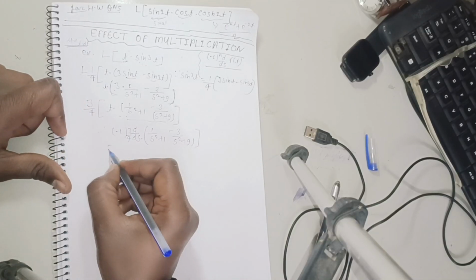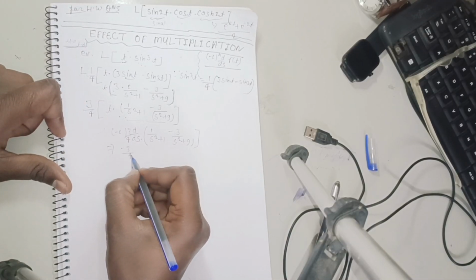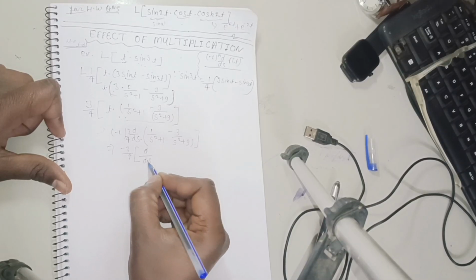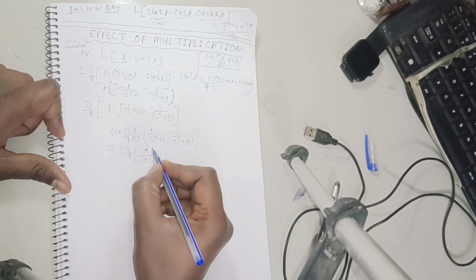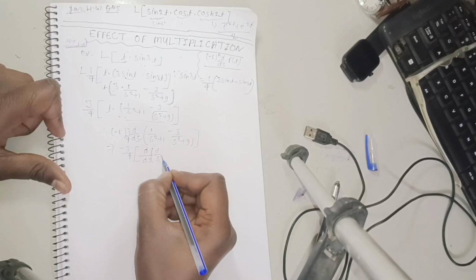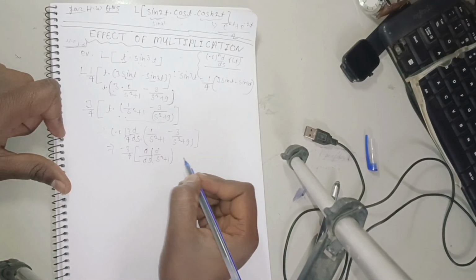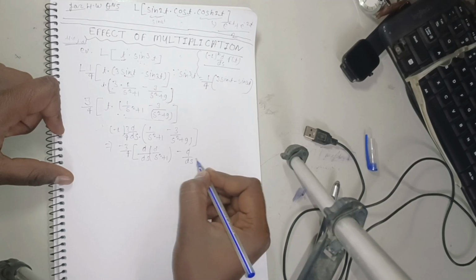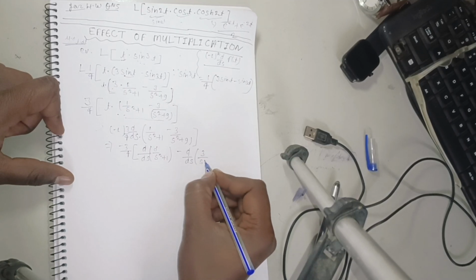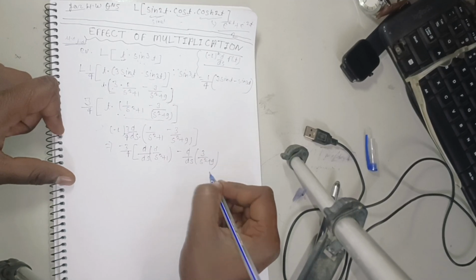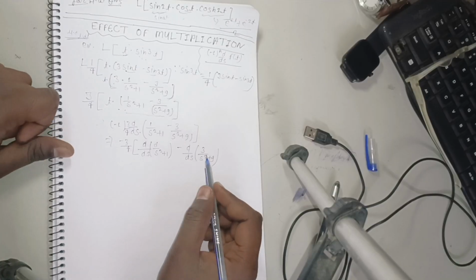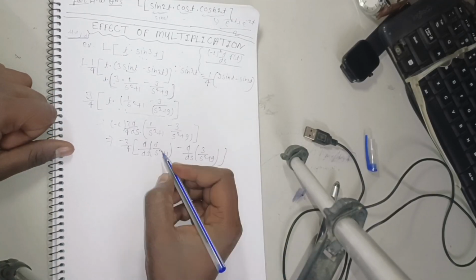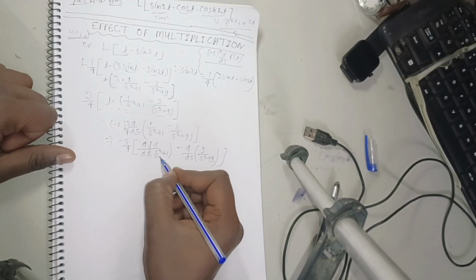So simply now we have to solve this only. -3/4 d upon ds of 1 upon s square plus 1, minus d upon ds of 3 upon s square plus 9. So we have to solve the differentiation. What is the differentiation of this?